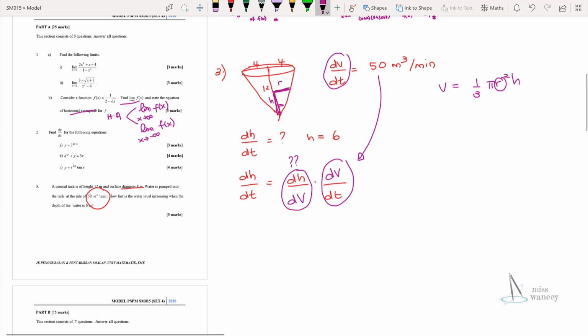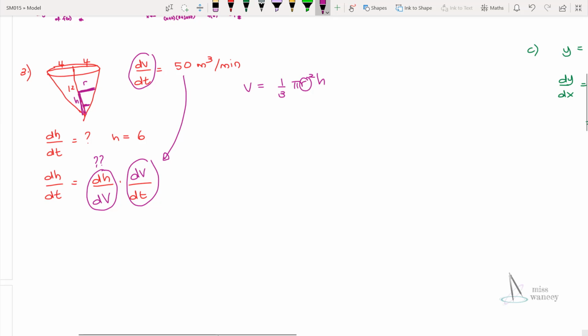Okay, so we can actually use a trigonometric ratio for them. So for the small triangle, the opposite is r, the adjacent is h. For the bigger triangle, the opposite is 4, the adjacent is 12. So we got r is equal to h over 3.